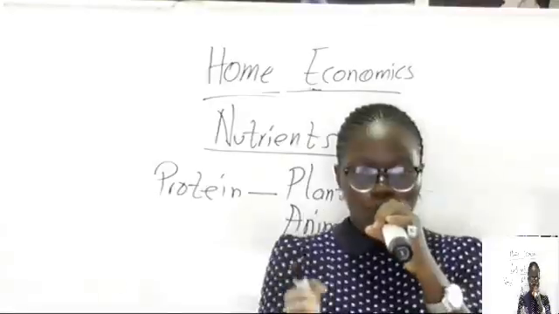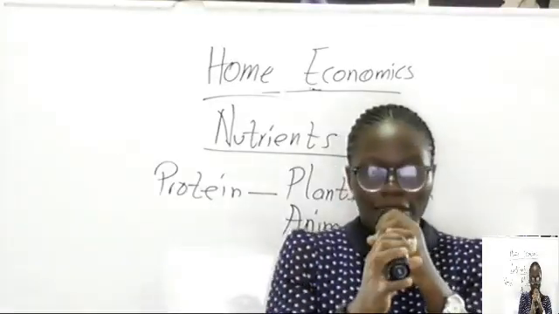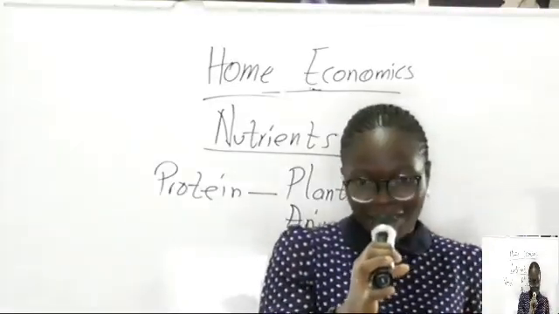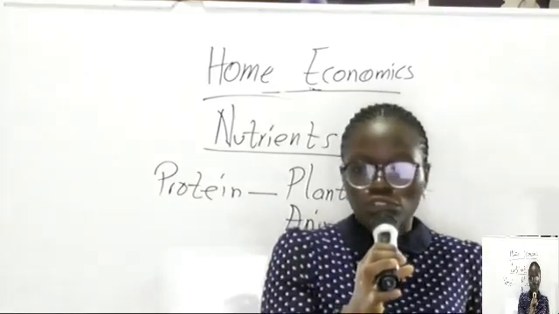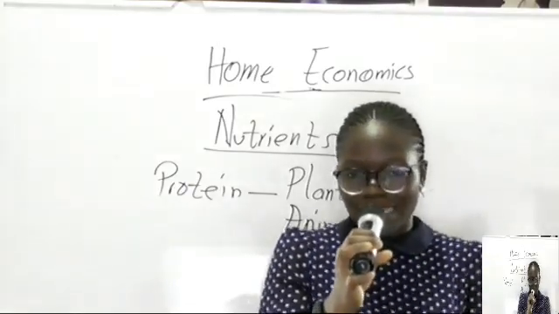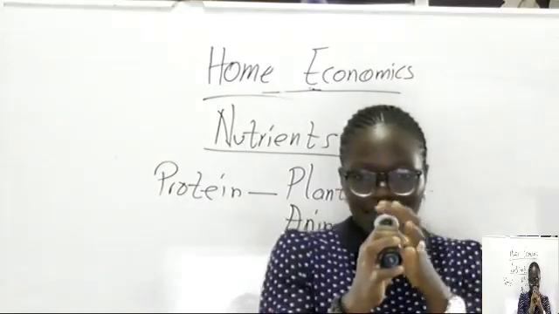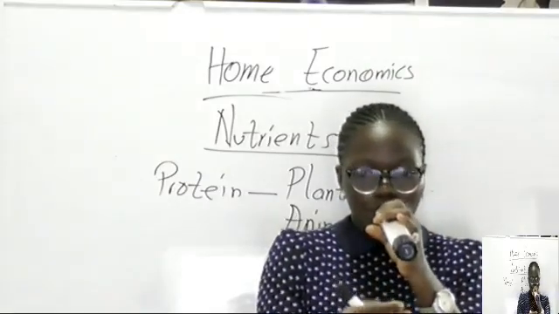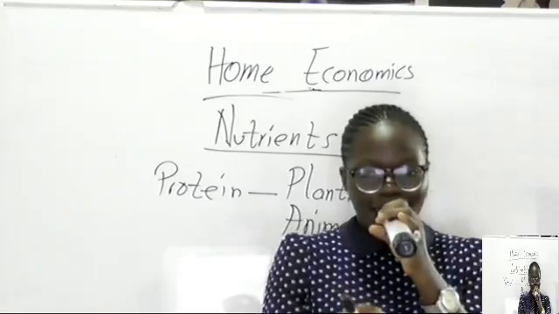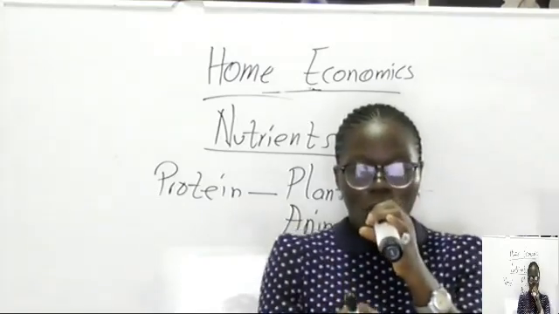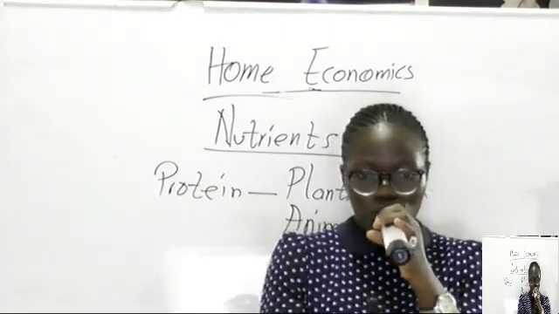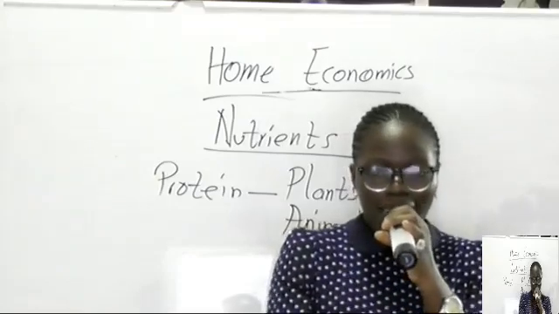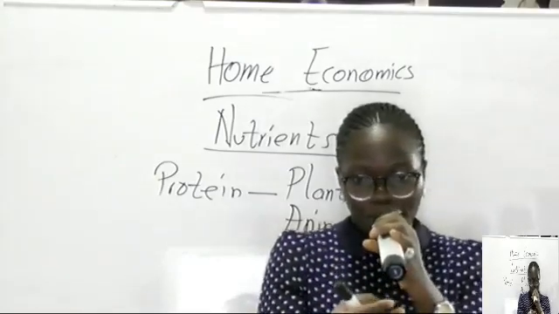I write the examples of food on the board, and then you try to write the methods used to prepare these foods that are listed on the board, and send the answers through the comment view. I'll view it and tell you whether you are correct, or I'll try to comment on it too. So you too try to send your answers through the comment view.